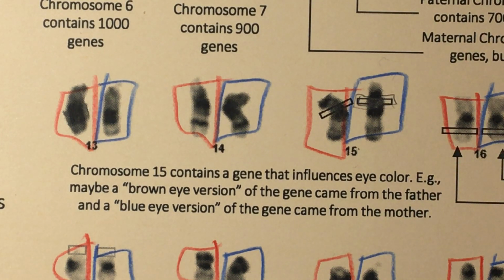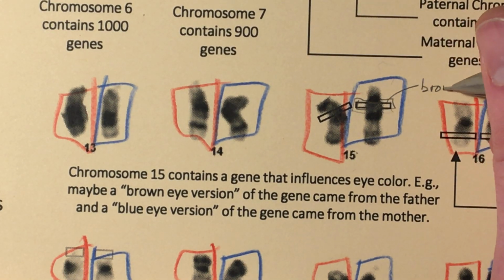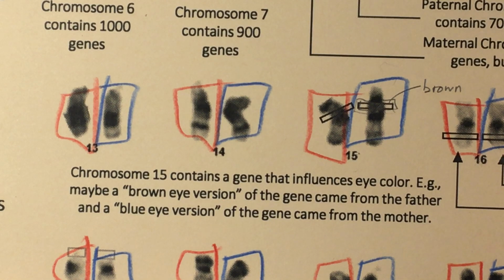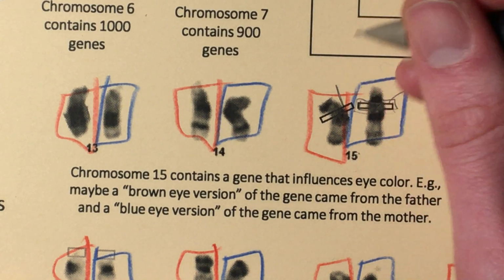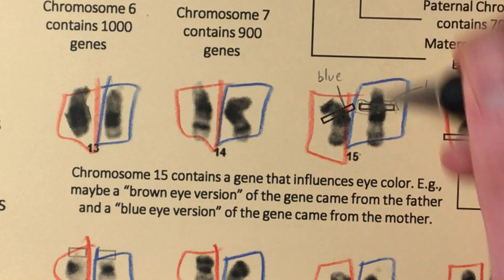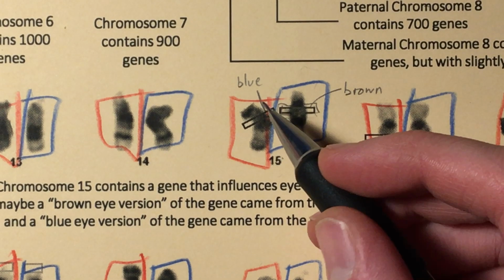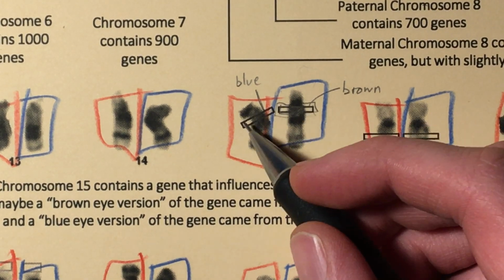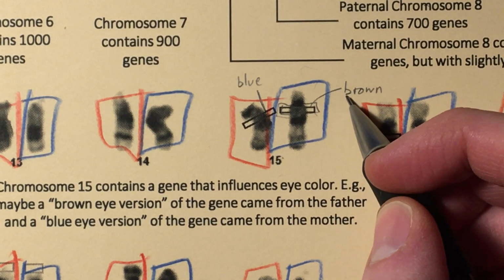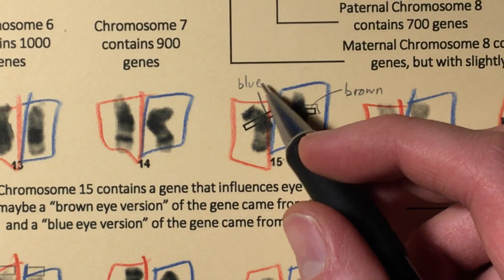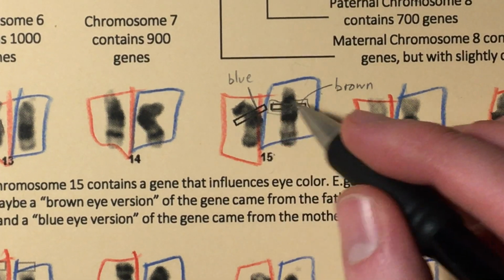So for instance, let's say that the father has a gene that would influence your eye color to be brown, and your mother has a version of the gene that gives you blue eyes, okay? So they're both the same protein that codes for eye color, but one is a different version than the other. We'll talk later about how your cells decide which one to read.